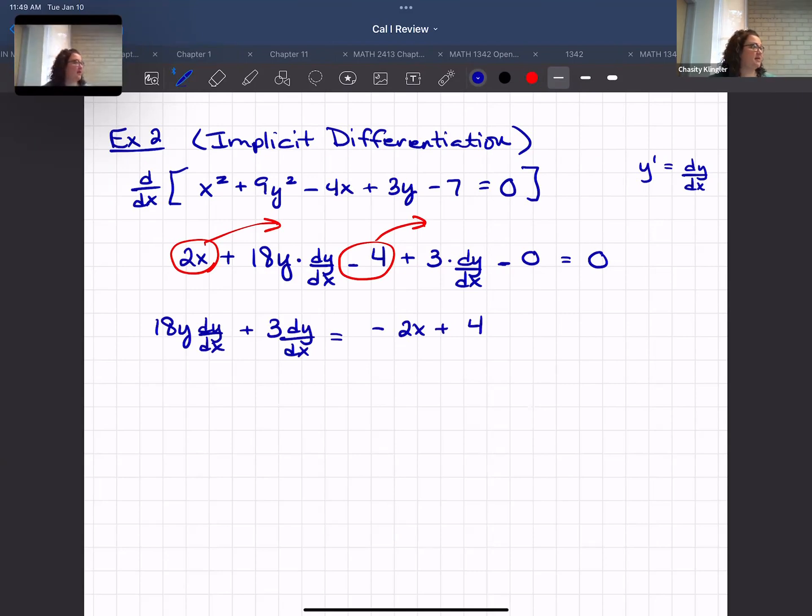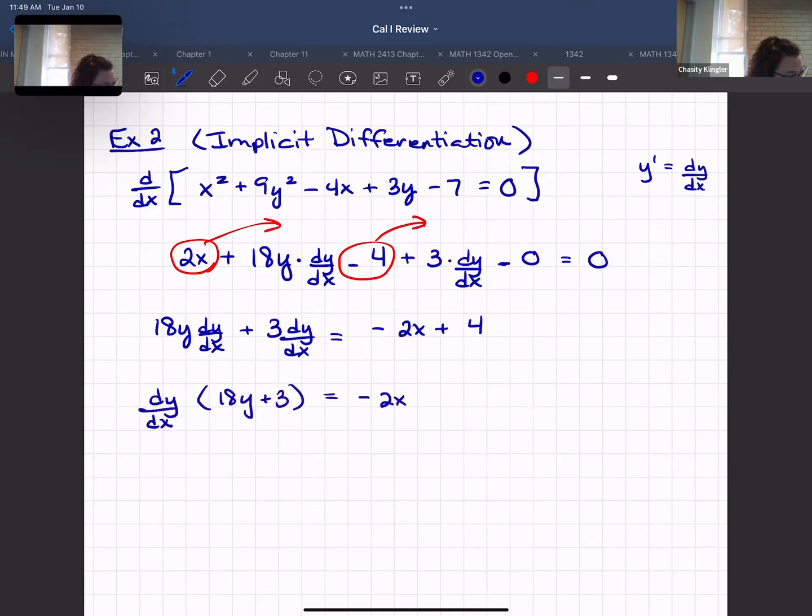Now think about that dy dx as a variable. I'm going to factor it out because they both have dy dx's, and then get that dy dx by itself.